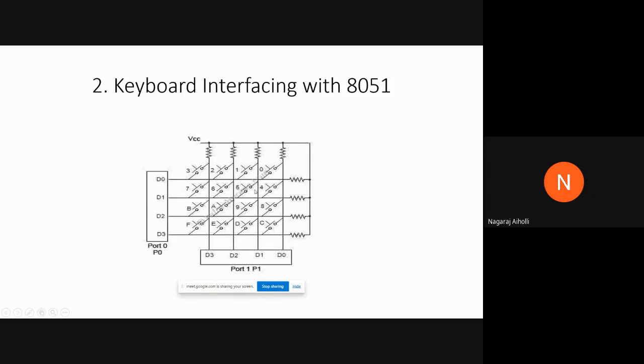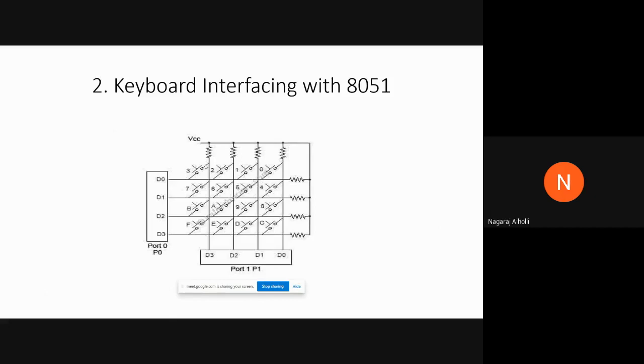As we know, ports have 8 IO pins, which means we can interface an 8 by 8 matrix keyboard with the IO ports, because each IO port has 8 pins.